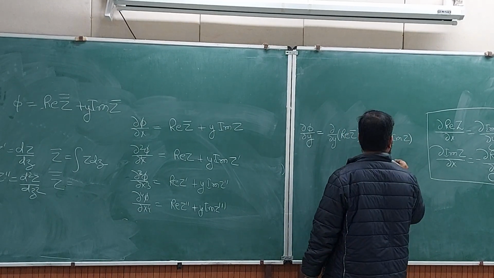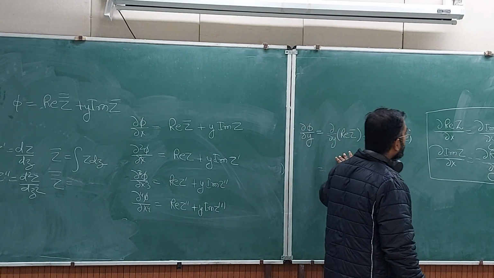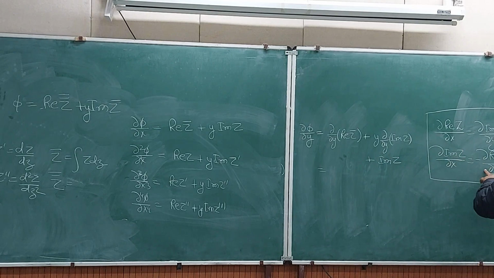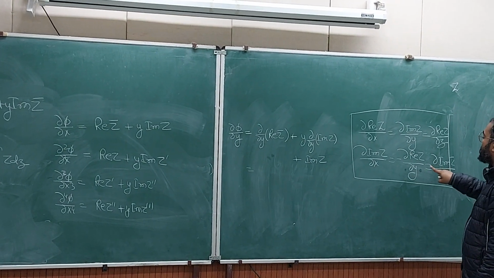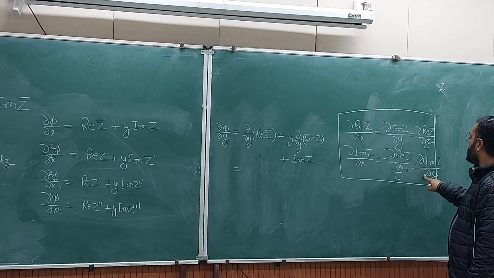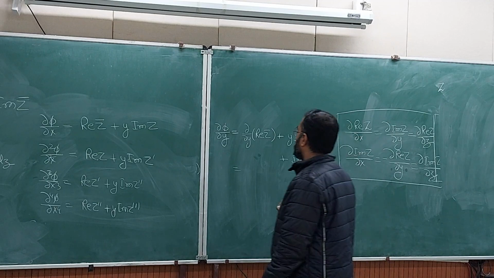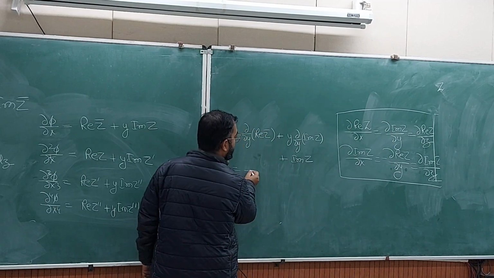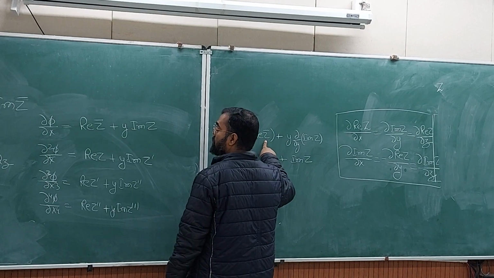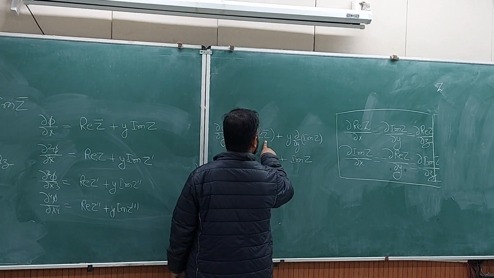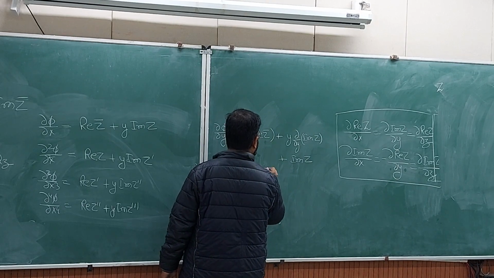Do we have z bar? Yes. So what is del y of real part of z bar? Del y of real part of z will be equal to negative of del z of imaginary part of z, right? So this will be negative, and then del z of imaginary part of z bar will be what? z simply, right? So that will be negative of imaginary part of z.